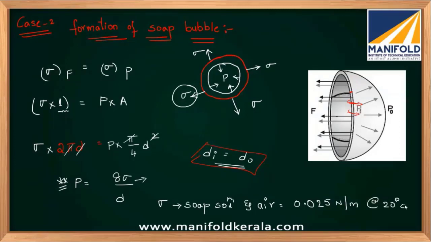So this sigma value holds in air only. If you keep it in vacuum or in any other inert gas, that value changes. So this is regarding the formation of a soap bubble. These two formulas are very, very important. Any doubts in soap bubble?